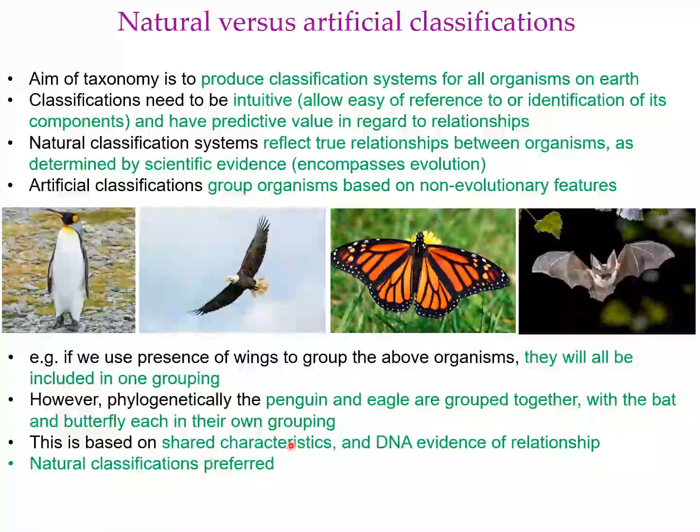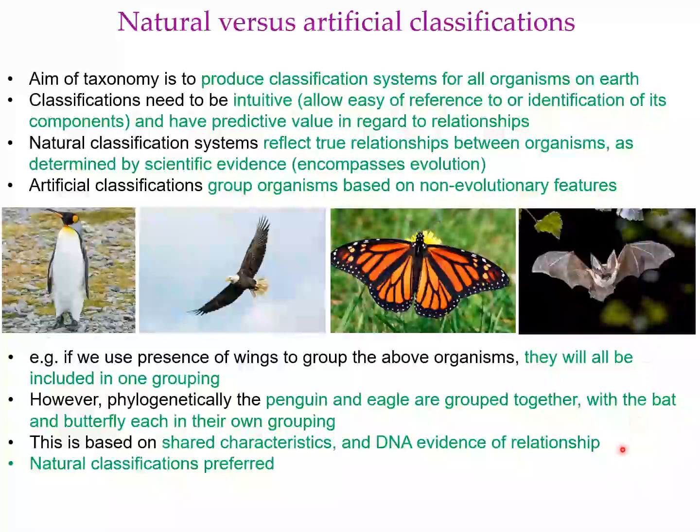So phylogenetically, we know that the penguin and the eagle are grouped together. They are both birds, for example, so they would belong to the aves. But even within that, they are not directly related to each other, and they would each belong to their own group. And then we know that the butterfly would belong to its own group as an insect, and the bat as a mammal would belong to its own group.